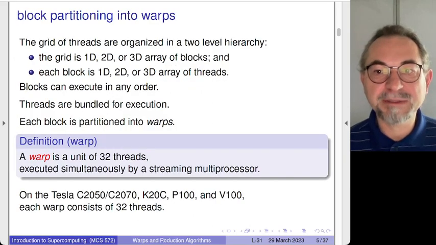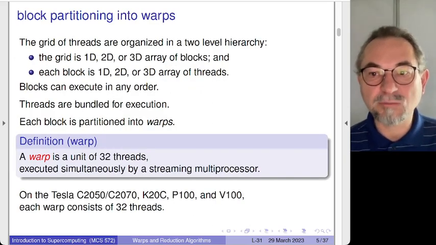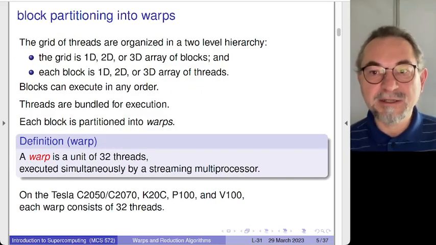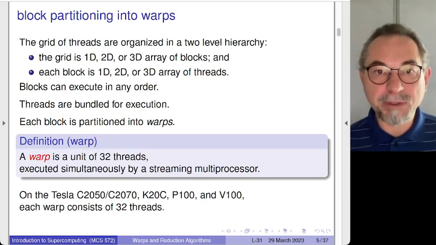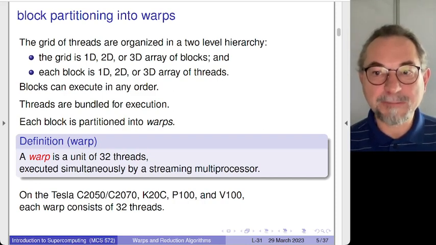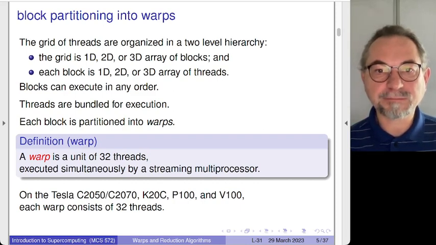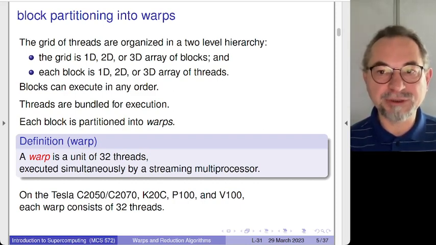Let's now look in greater detail at what makes the programming model scalable. So we launch thousands of threads, but the threads are organized in grids. The grid can be one-dimensional.